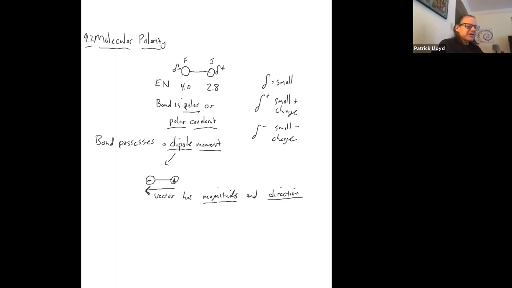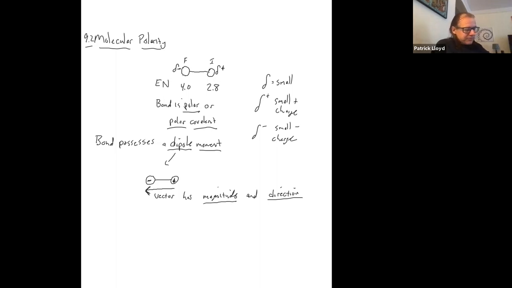They were essentially invented by Gibbs, the guy that worked in thermodynamics. And what they wanted to do was represent something that had a direction, but also a size. Okay, so these dipoles, they are vectors. They have a size and they have a direction. So we use vectors to represent that.